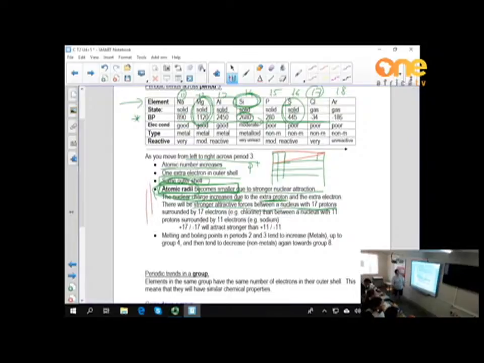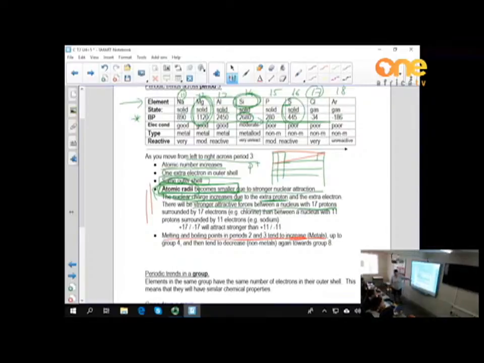They say there's another trend in melting and boiling points in periods 2 and 3. So here we have period 3, where melting and boiling points tend to increase among the metals. The more protons there are, the stronger the Coulomb forces, so the higher the melting and boiling points for metals.